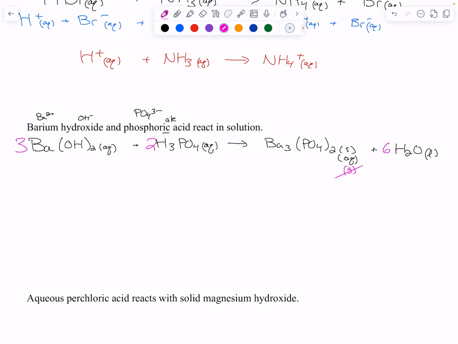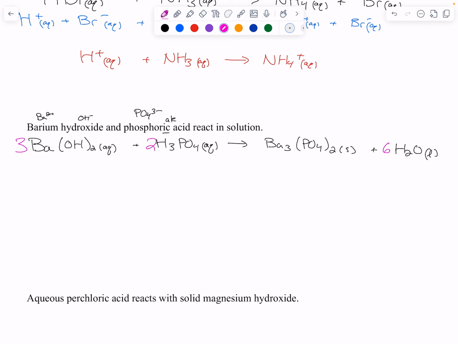I've got to find your solubility rules. And if I see phosphates are generally insoluble, and barium's not listed, so I'm going to put that as a solid. I'm going to erase these, and put it as a solid, and go from there.